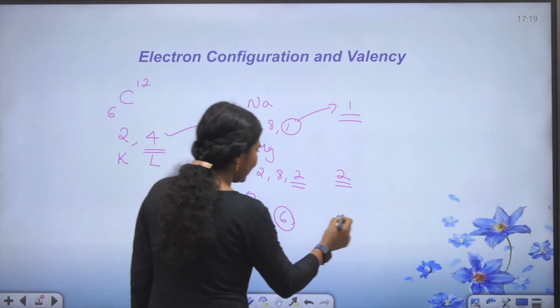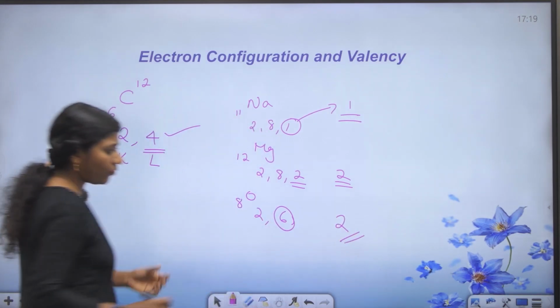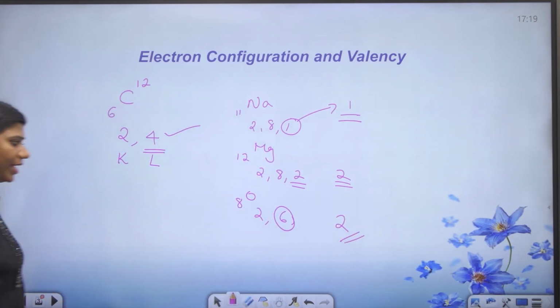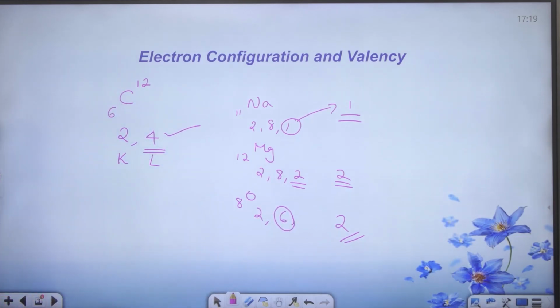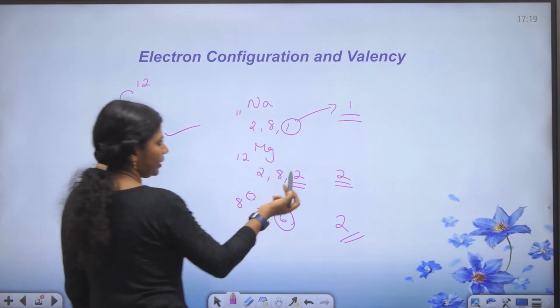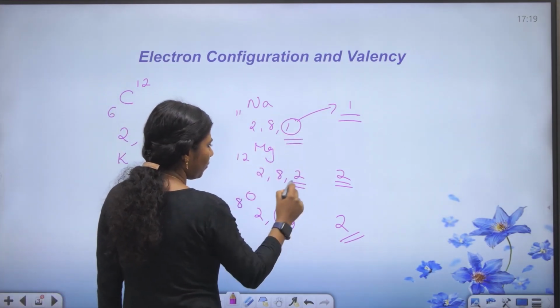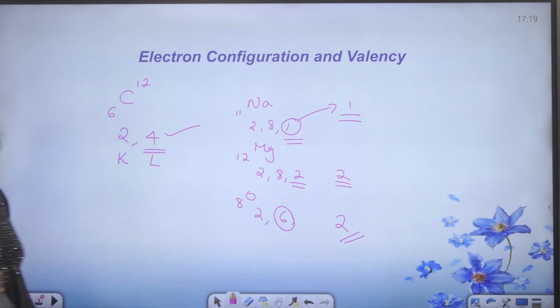That means oxygen requires 2 more electrons to complete its octet. But the valency of sodium and magnesium is equal to the number of valence electrons.